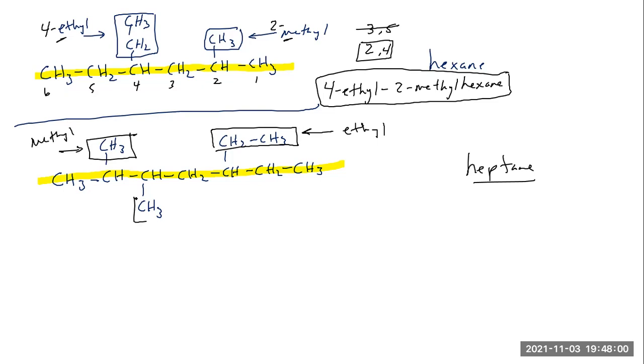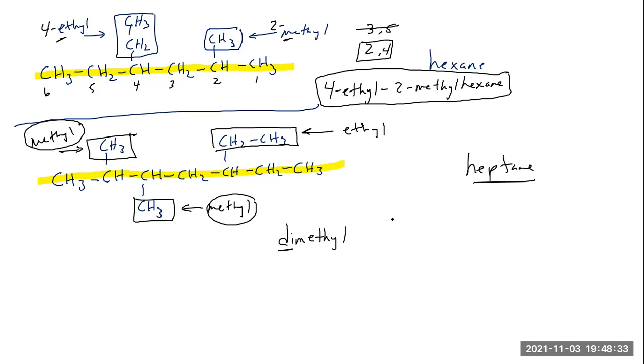And we have a 1 carbon group right there, which is also a methyl group. We now have 2 of the same groups in this compound. That means that we do use a prefix, and this would not just be methyl, but it would be called dimethyl, di because there are 2 methyl groups in the compound. Again, they do not have to be on the same carbon, but just in the compound. Any questions on that so far?